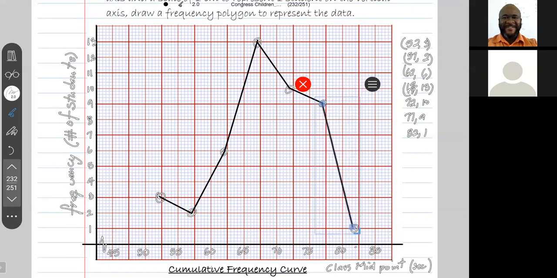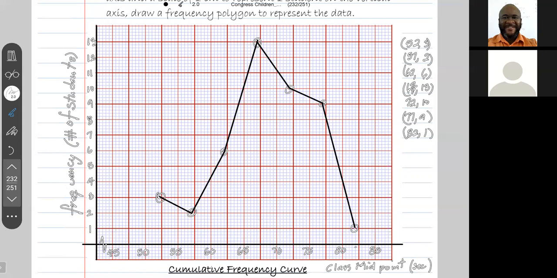Now, when we just started our introduction to group data, I told you that the frequency polygon must start and end on the horizontal axis. The distance between each point is actually the length of a class width, and the class width is 5.